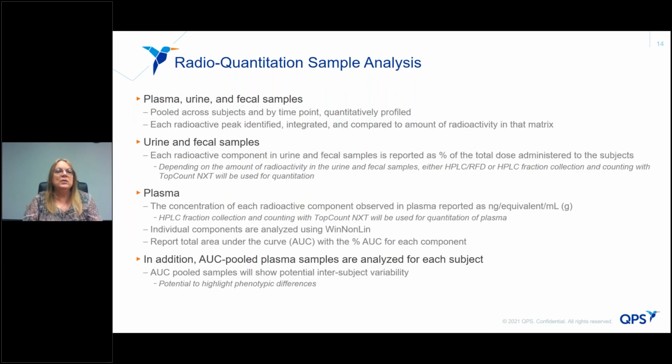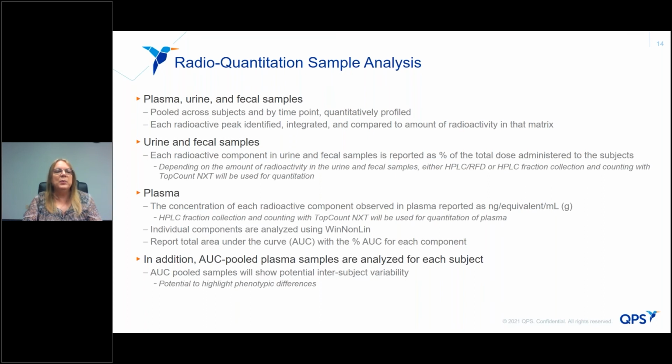The radio-quantitation samples are done, as I said, after the profiling, and those are quantitatively profiled. Each radioactive peak is identified, integrated, and compared to the amount of radioactivity in that matrix.